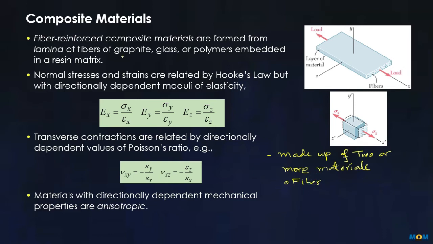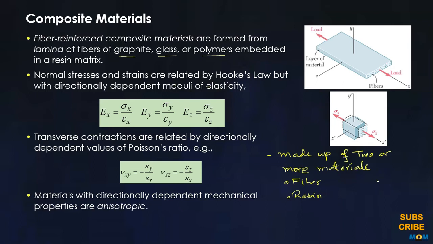It may be of graphite, glass fibers or the polymer fibers, embedded in the resin matrix. So the second is the resin, the matrix. Normally normal stresses and strains are related by Hooke's law, but with directional dependent moduli of elasticity.